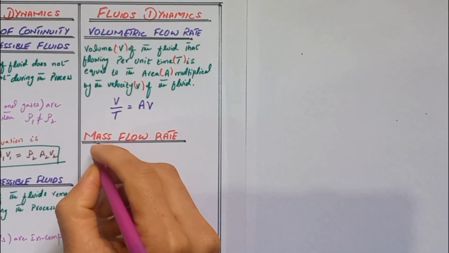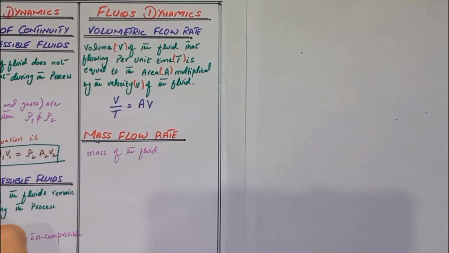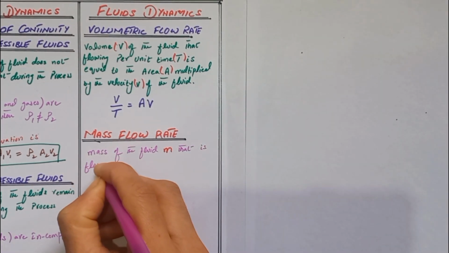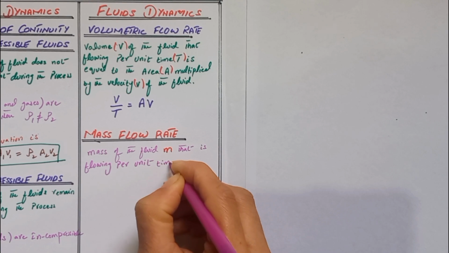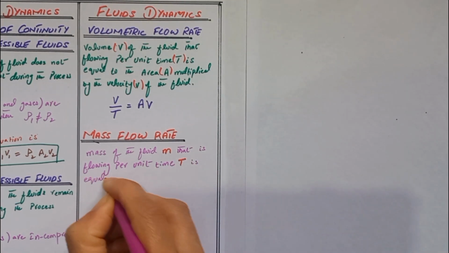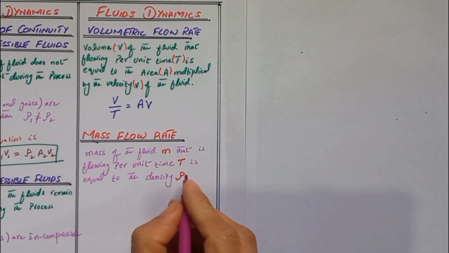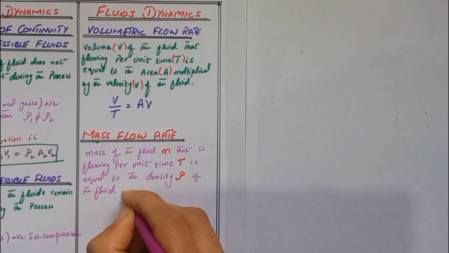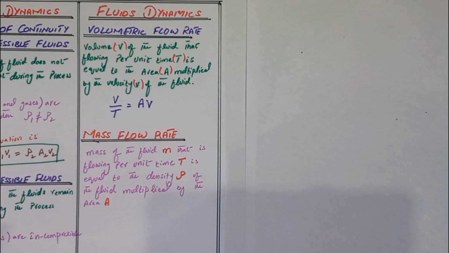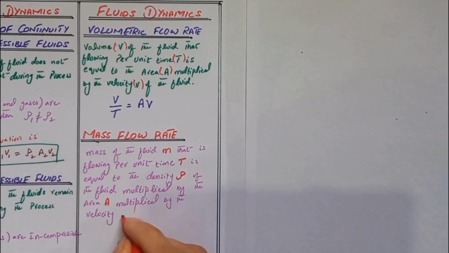Mass flow rate is the mass M of the fluid that is flowing per unit time t, equal to the density rho of the fluid multiplied by the area A multiplied by the velocity v.